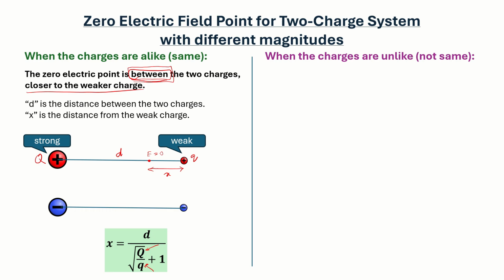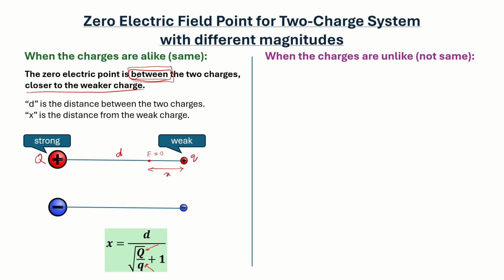This is one advantage. And another advantage is that we only have to deal with the magnitudes. No need to write plus minus, only with the magnitudes we have to deal.